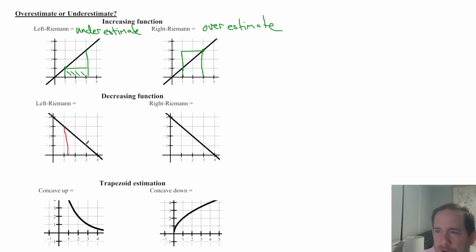If we're going from 1 to 3, and this time we're using the left side, well, now the left side is the taller side, so we end up getting a rectangle that overestimates. And for the right-hand rule, between 1 and 3, if I let the right-hand side give me the height, then we're only getting this. That's back to another underestimate.